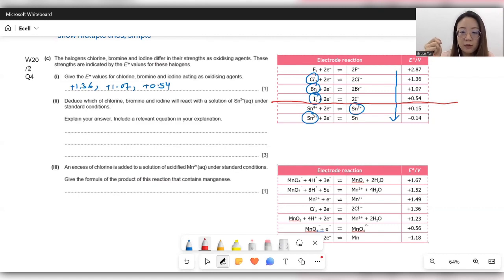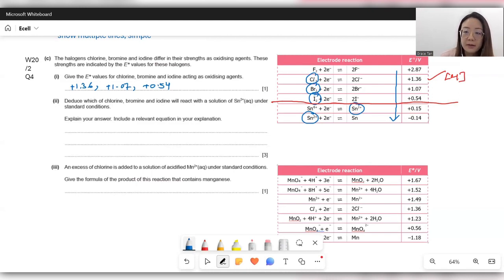But of course, we know the more positive one will undergo the reduction. So hence, definitely, chlorine will undergo reduction. Now, if chlorine will undergo reduction, the first part on top of the red line has been settled. That means tin 2 plus must undergo oxidation. Now which tin ions will you pick after we did the first example? Would you pick the 0.15 version to undergo oxidation, or the negative 0.14?